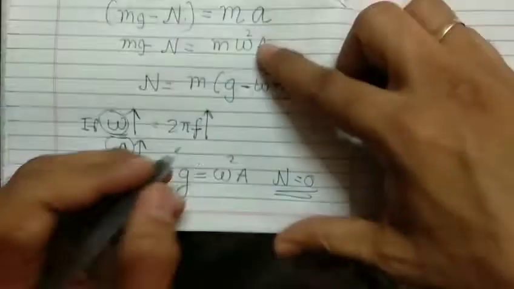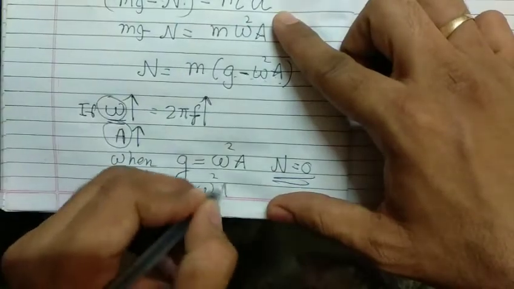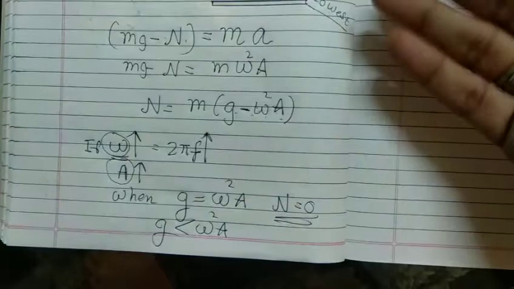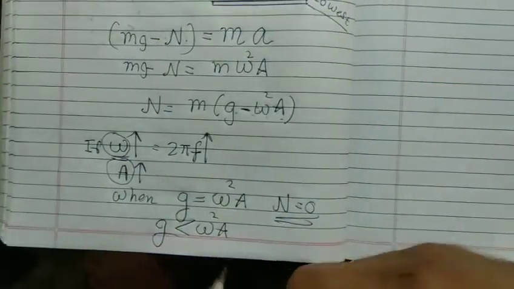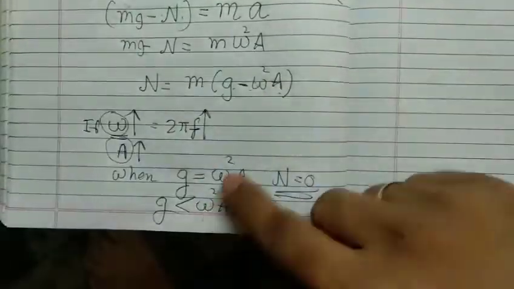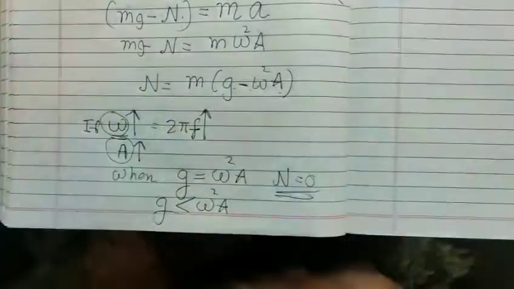If omega square A becomes more than g, then the normal reaction would come negative, which is not possible. Negative normal reaction does not exist. So this is the condition when the contact will be broken.